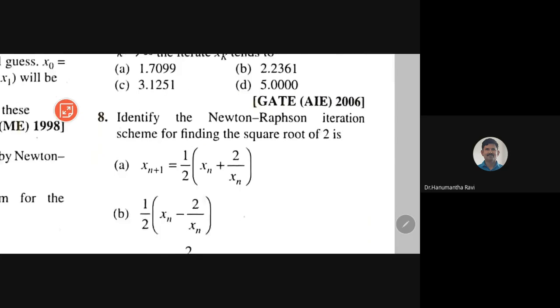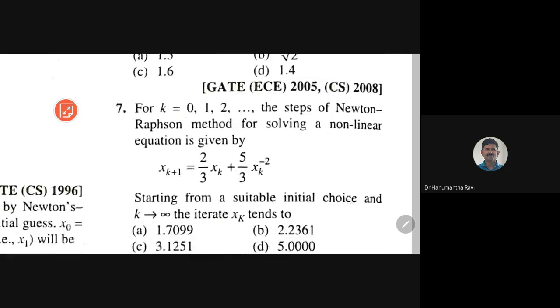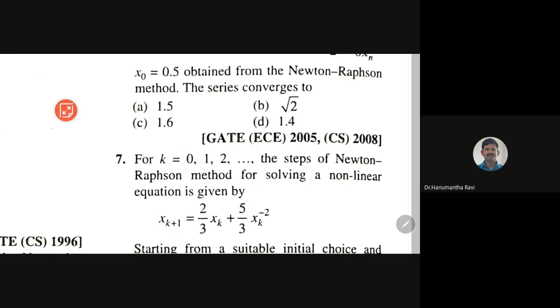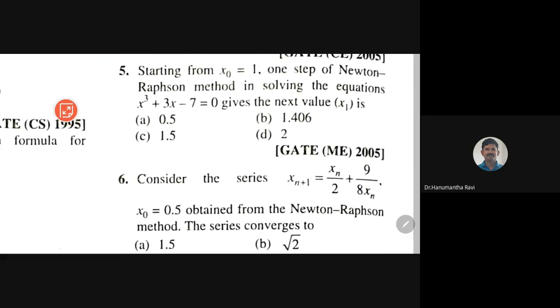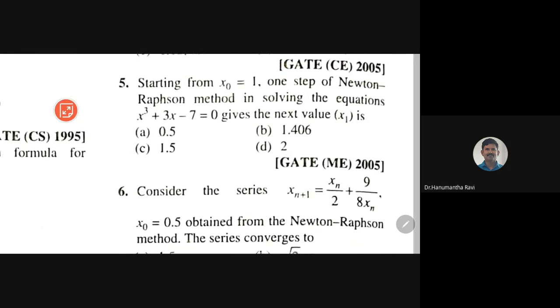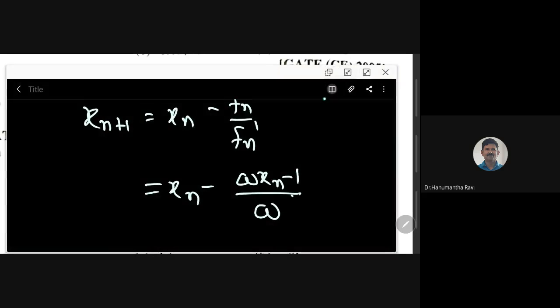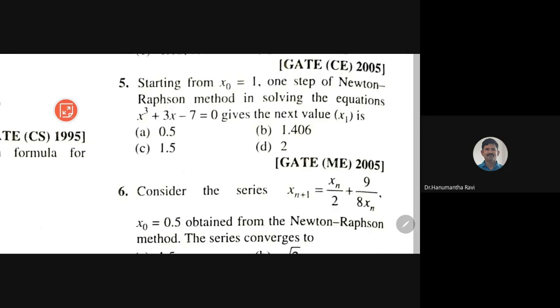To the next one. Newton-Raphson method for solving the equation x cube plus 3x minus 7 is equal to 0.